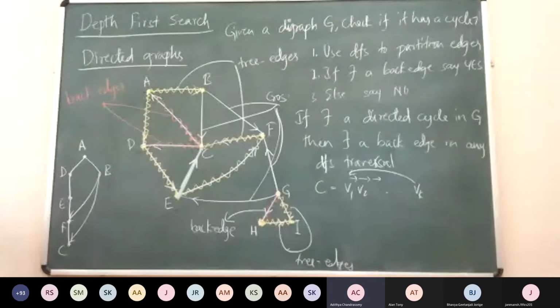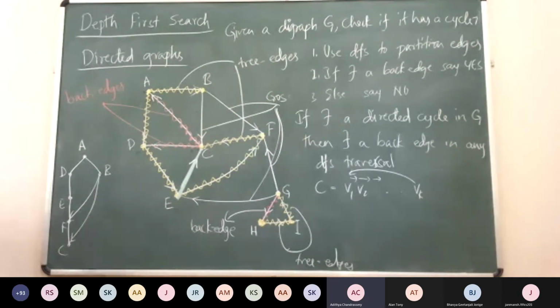It can be anything, right? No, the vertex in the cycle that will be under the subtree of V1 will be V2, the next vertex. No, why V2? It can be anything. It can be VK. Okay, but all the other vertices will lie under this V1 subtree.